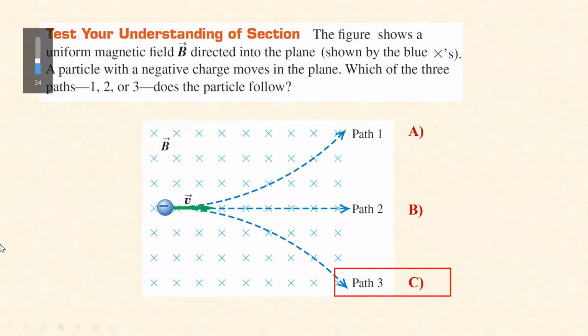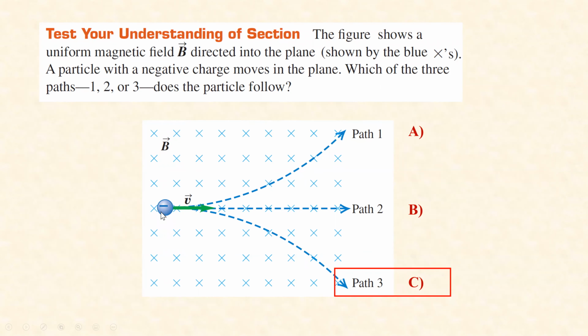So here was an example. We said that this negative charge particle is moving to the right, and there's a magnetic field perpendicular to the page and into the page, and we show it by crosses, as I explained why we show it by cross. And this is our notation.